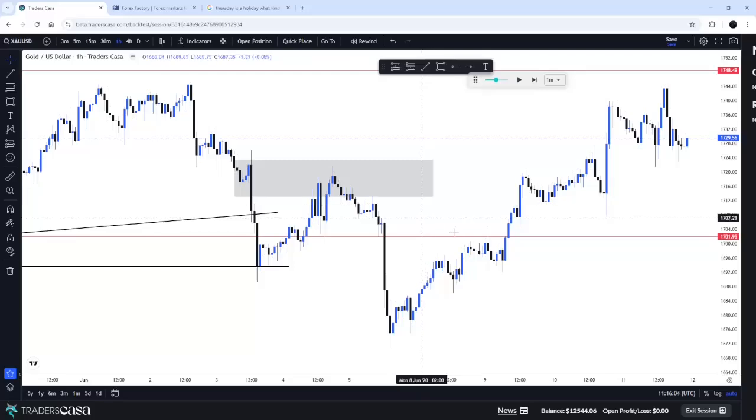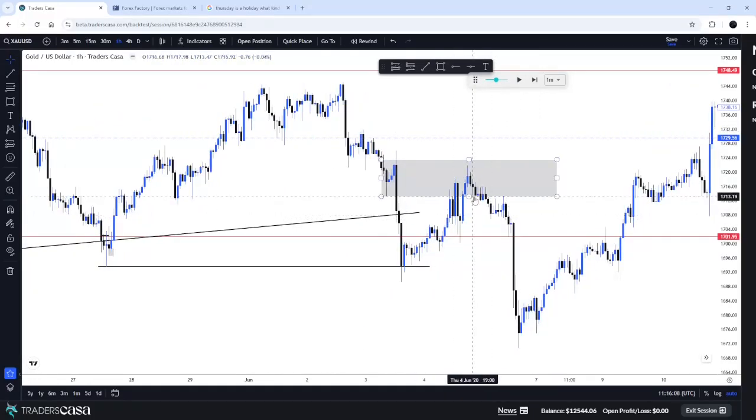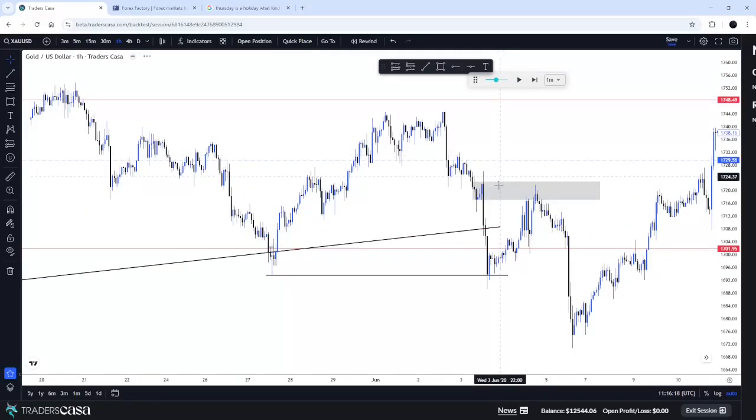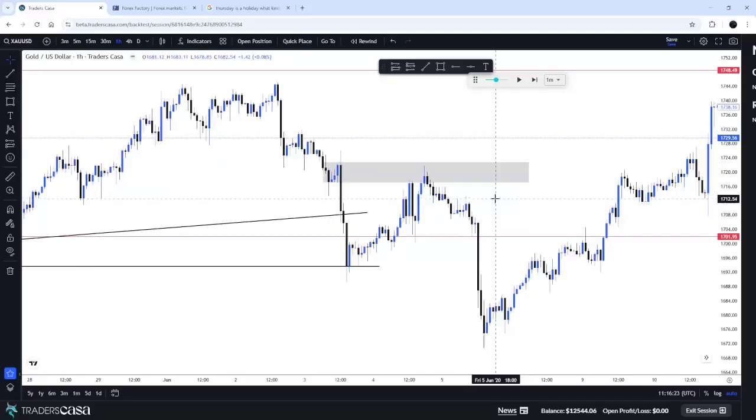If you drop down to the 1 hour time frame, you can readjust your supply zone.